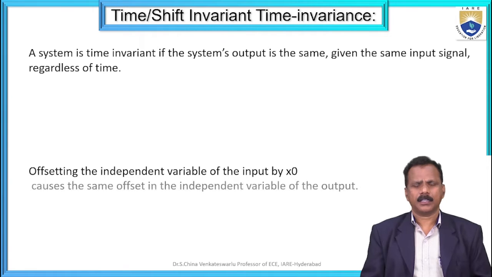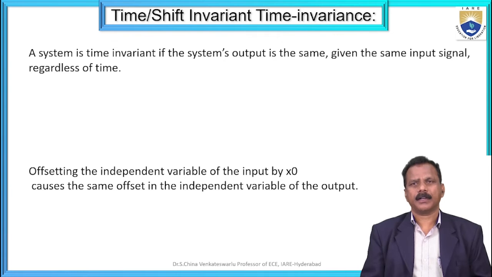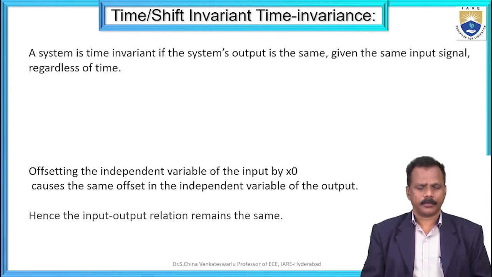Offsetting the independent variable of the input by x naught causes the same offset in the independent variable of the output. So the input-output relation remains the same.